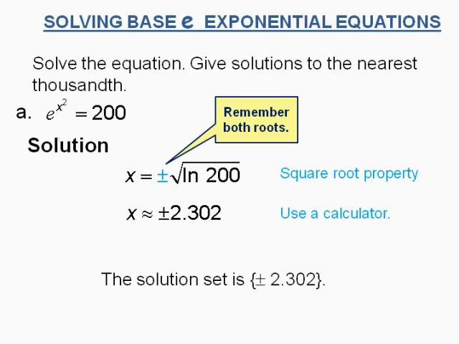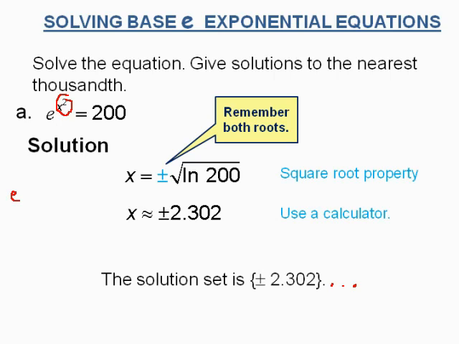Notice both positive and negative answers will check here, because if you put a positive or a negative in here and square it, you get this big long number. Usually you just check the positive side, and the negative will work too since you're squaring it.